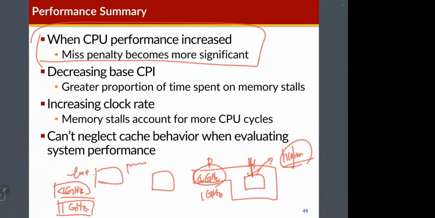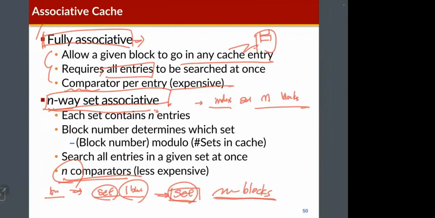When we learned about the cache memories, we first learned the direct mapped cache, and then I also explained the disadvantage of the direct mapped cache. So what is the disadvantage?